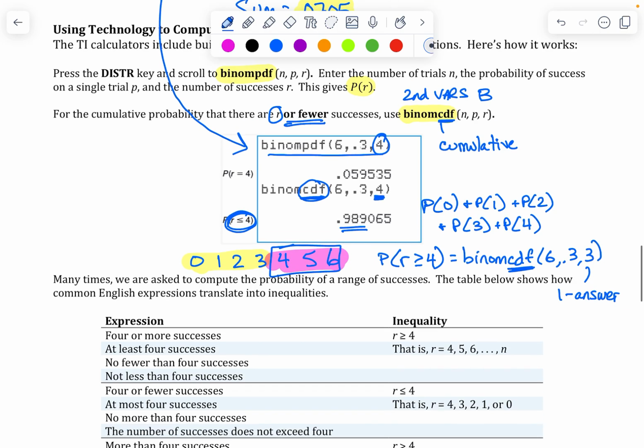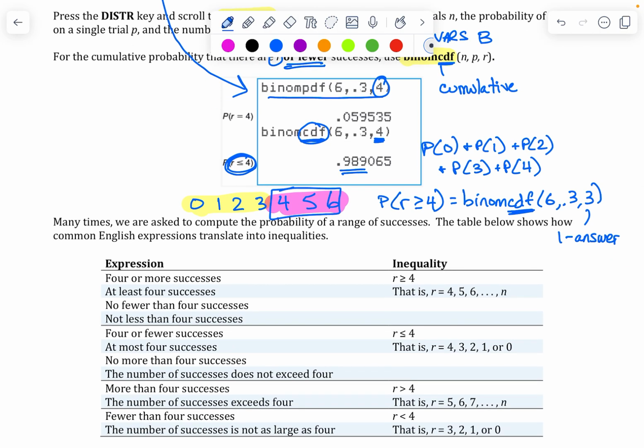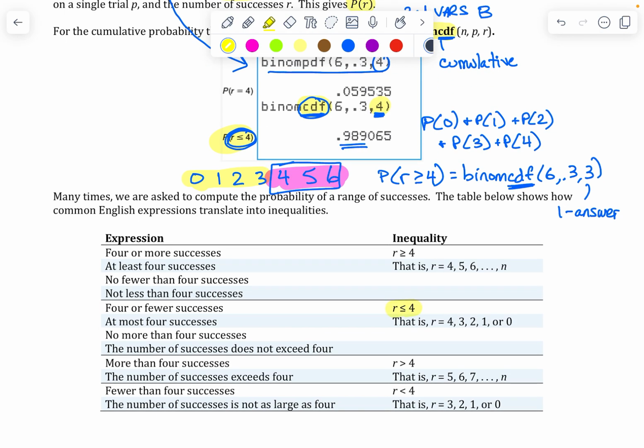So the calculator only gives less than or equal to, right? That's the key takeaway from this, is if you want to use the calculator, the CDF function only does the number or less. So if the question asks for something less than, 4 fewer, at most 4, no more than, whatever, then you're good. You can use your CDF function for R equals 4. Great.